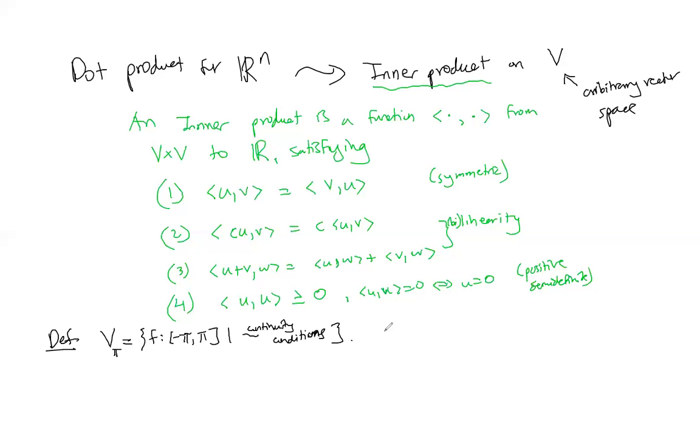Define the inner product on V pi by this, and this is the one that we're going to use for Fourier series. So we need to define what it means to take an inner product or a dot product of two functions. And this is how we're going to define it.